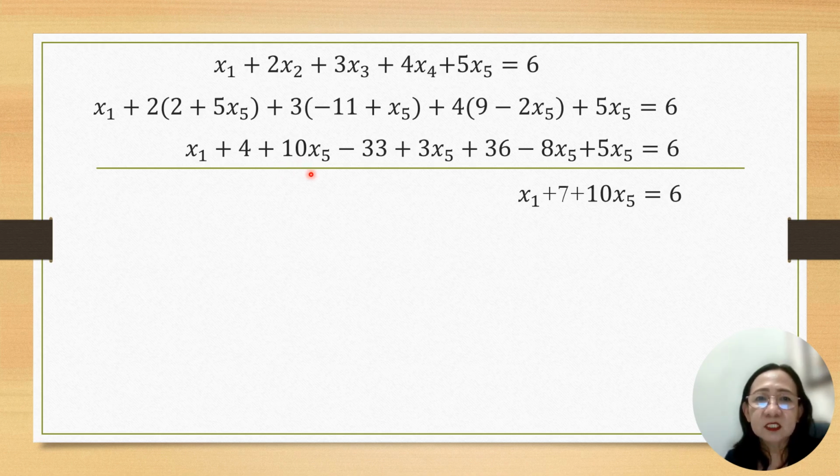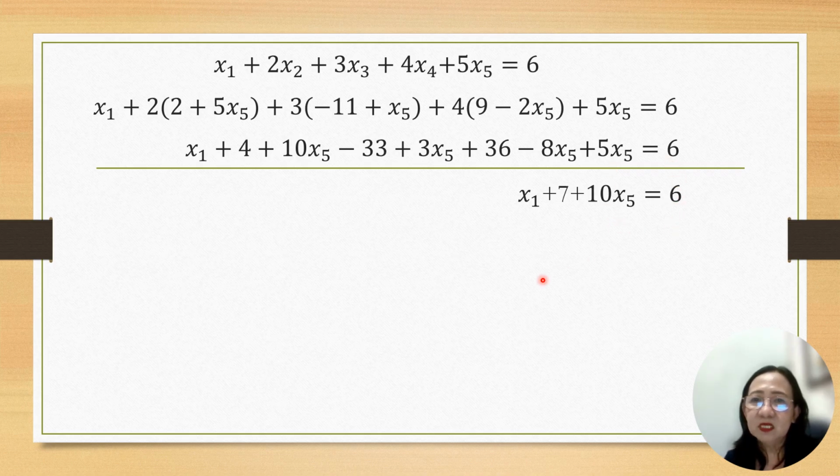And then, how about the x sub 5? So, 10x sub 5 plus 3x sub 5 is 13x sub 5. 13 minus 8x sub 5 is now 5x sub 5. 5x sub 5 plus 5x sub 5 is 10x sub 5.